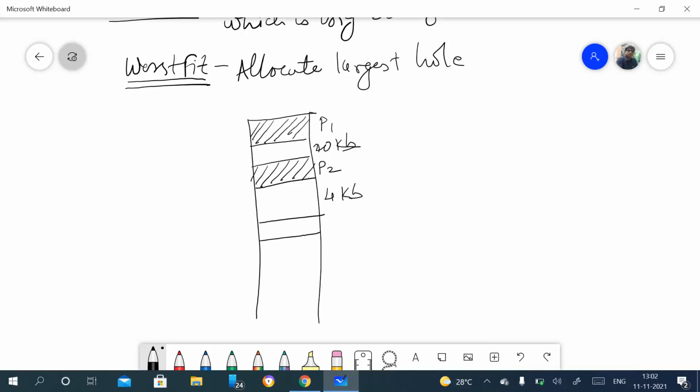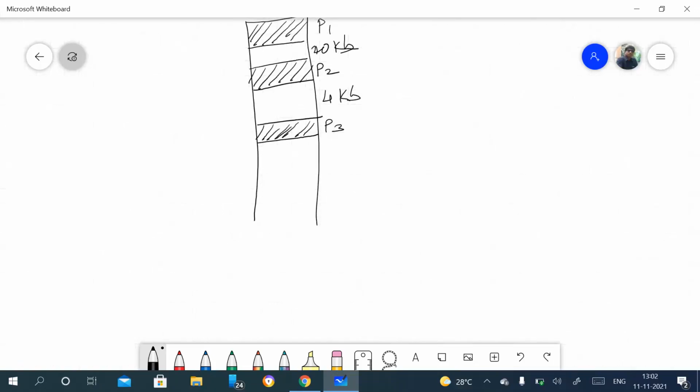Then again consider this is P3, reserved, and this is a hole, like 80 KB. Then this is the P4 process, reserved, and suppose 10K, and this is the next process P5.